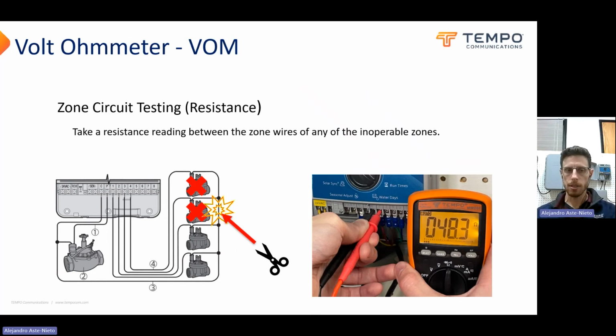One thing you can check is you can take a resistance reading. Instead of between common and one of these numbers, you take it between two valves that are out, and you can check and see if everything from their valve wires, all the way to their solenoids, all the way to their common wire linking them, is all good.